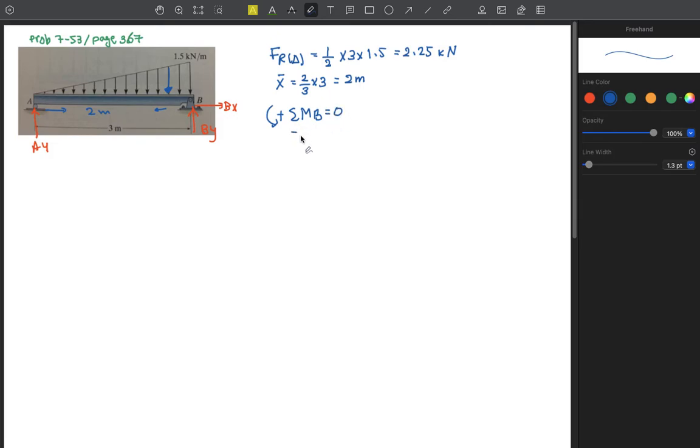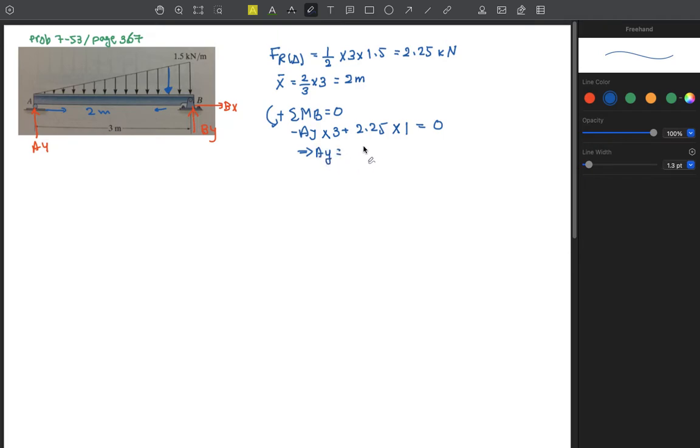So we get minus Ay multiplied by 3 meters, the whole distance, because it's going clockwise. Be careful, don't mix. Plus 2.25, the value of this concentrated load, going counterclockwise so it's positive, multiplied by this distance, which is 1. If this is 2, then this is 1.